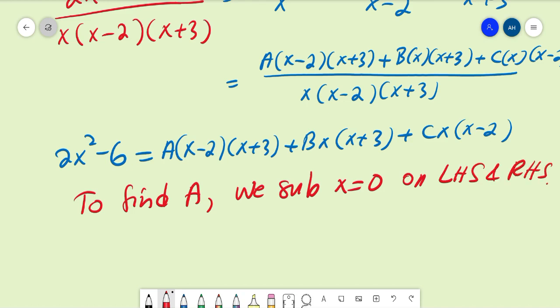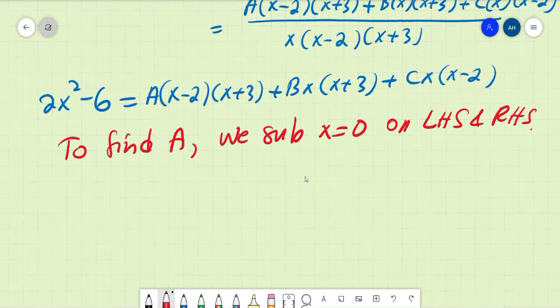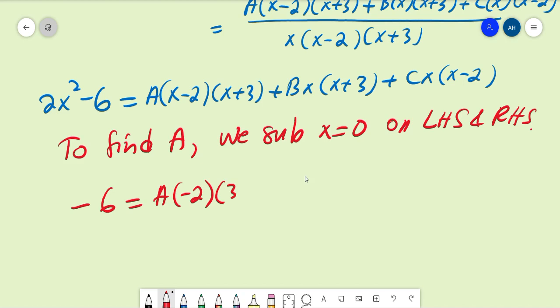Where do you get x equal to 0? From the first factor here, that is x, set it equal to 0. So if we substitute x equal to 0 on the left hand side, we have negative 6 equal to a multiplied by negative 2 multiplied by 3 there, and the rest are all 0 because of multiplying by 0, so we have 0 plus 0.